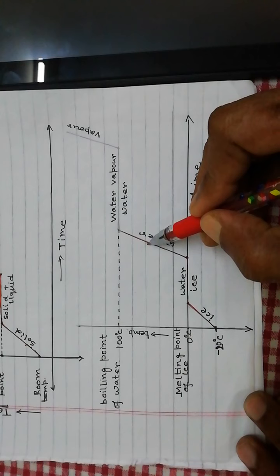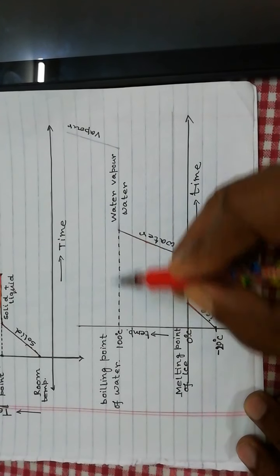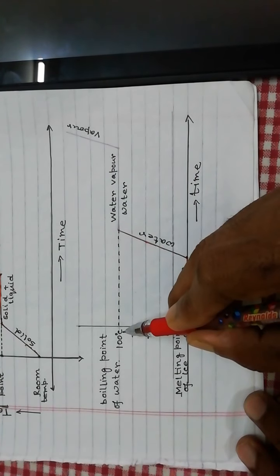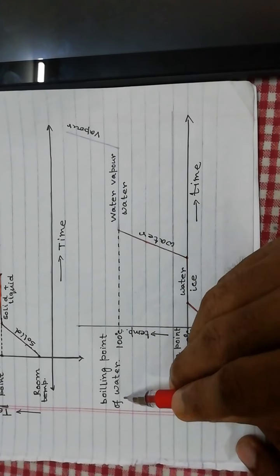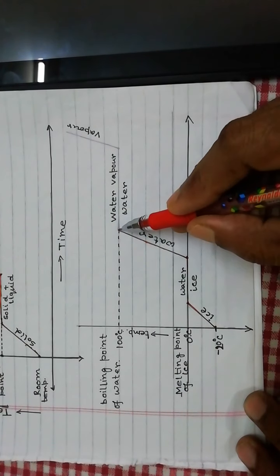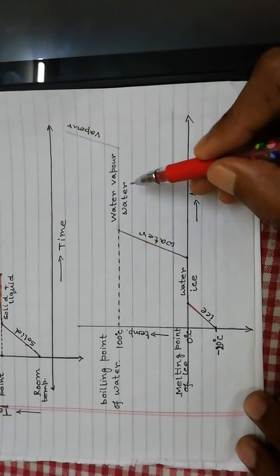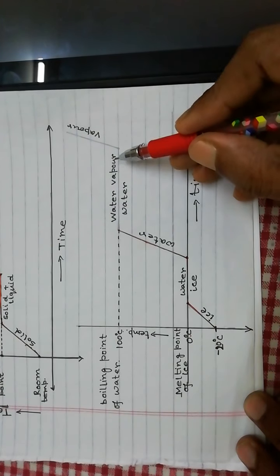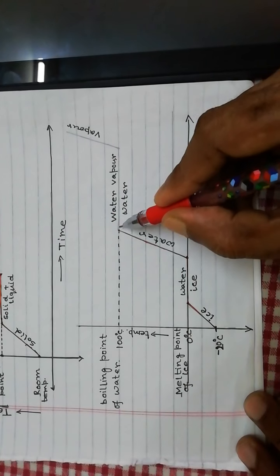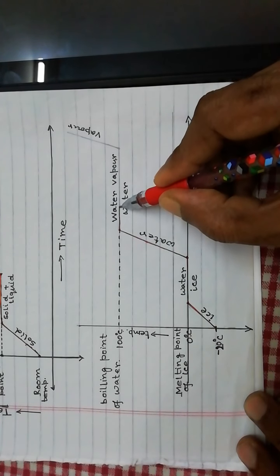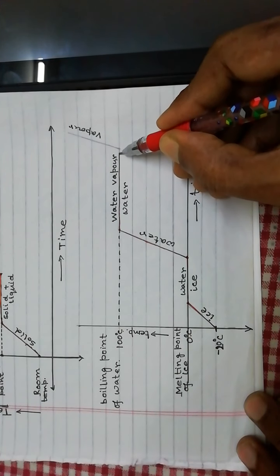and when the temperature of the water reaches 100 degrees centigrade, which is the boiling point of water, then the water starts to boil and is converted to water vapor.